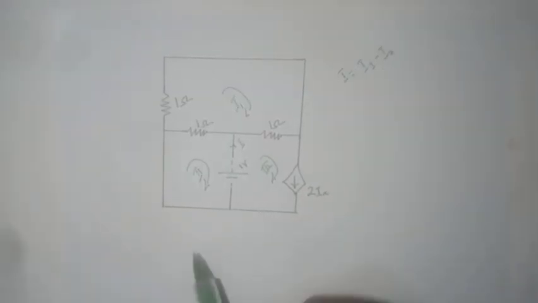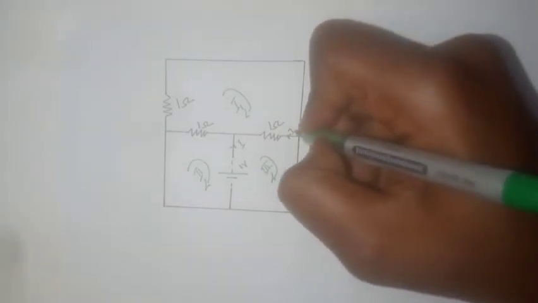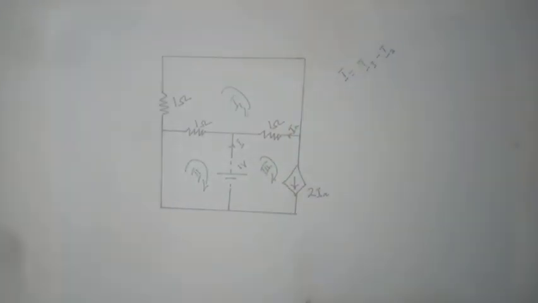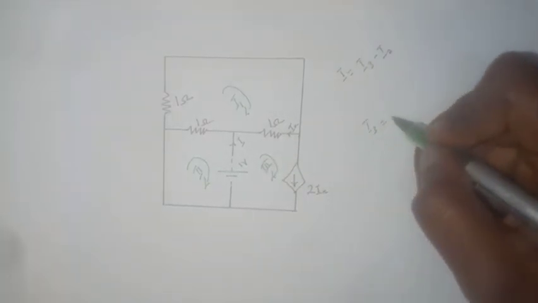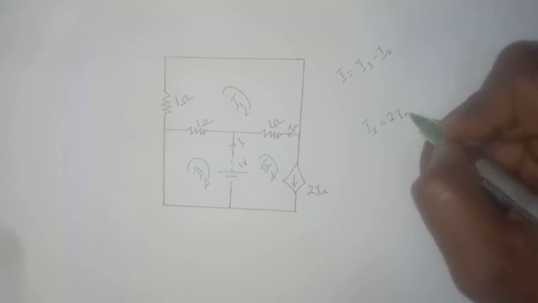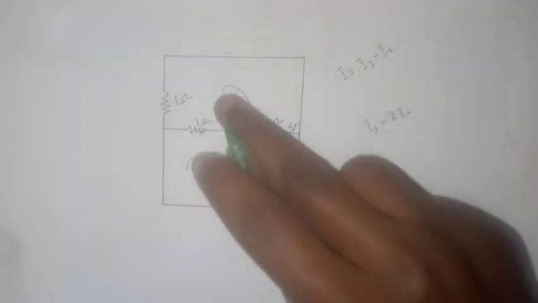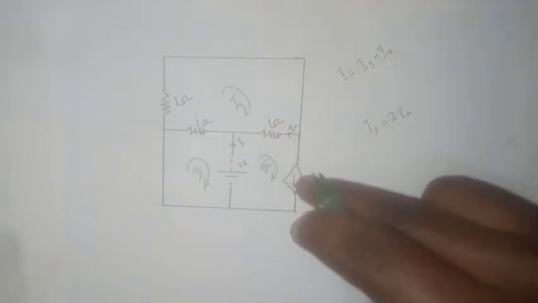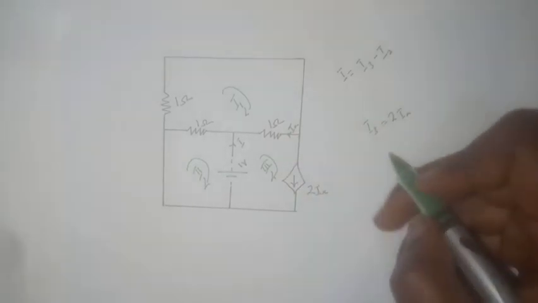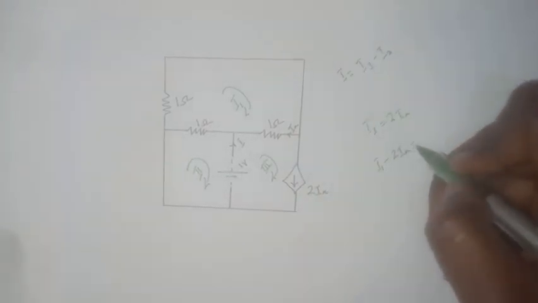First things first, we know Ix is flowing here. We know that I3 is equal to 2Ix, and we know that I1 minus 2Ix is equal to Ix.